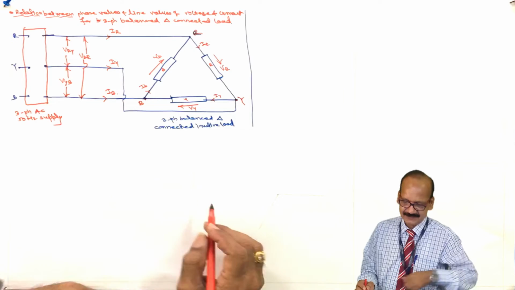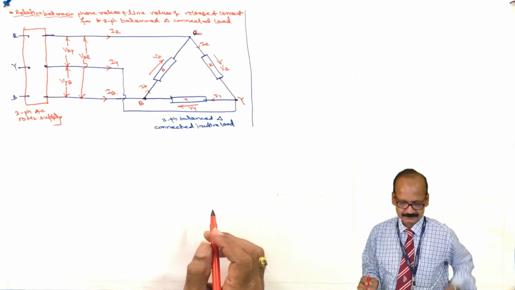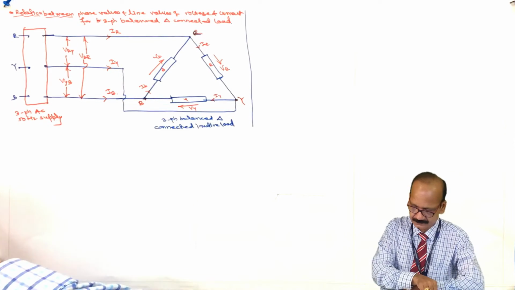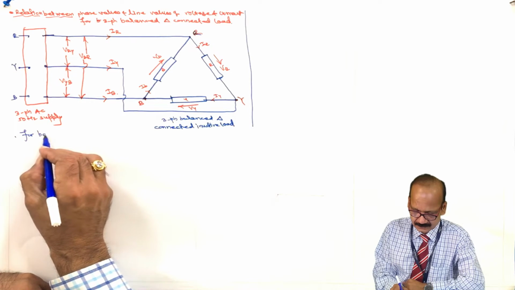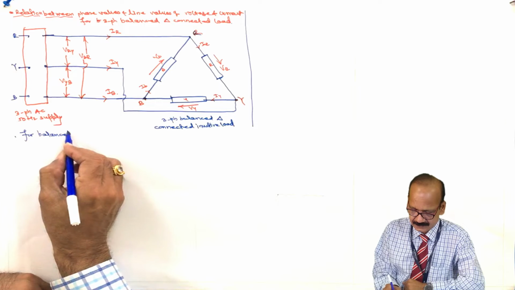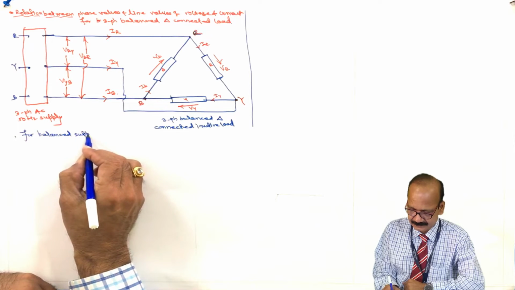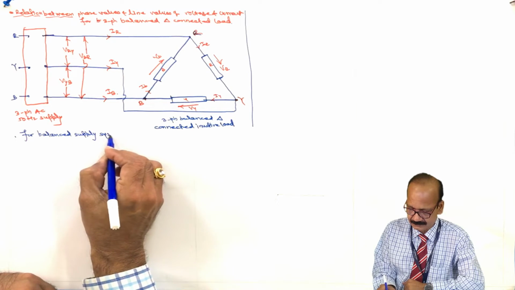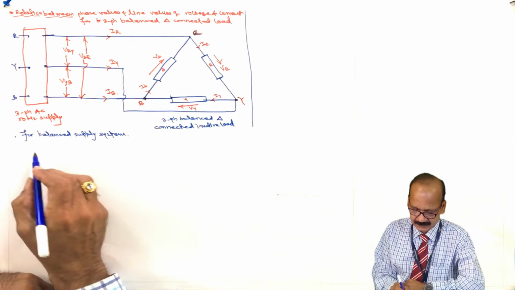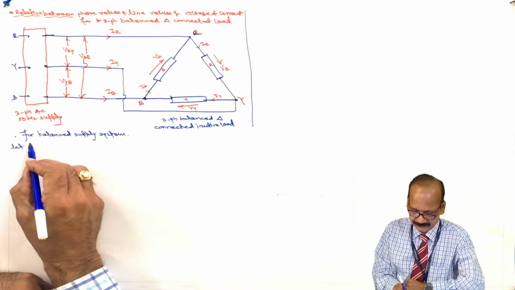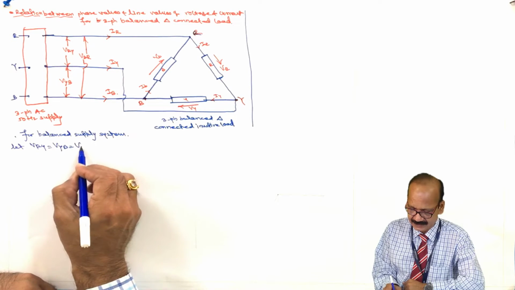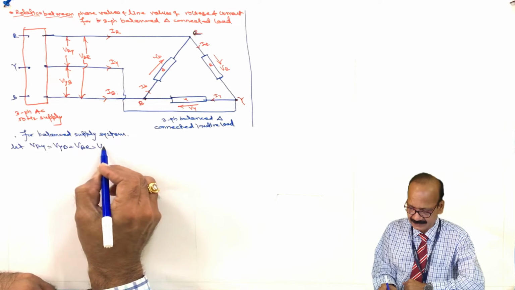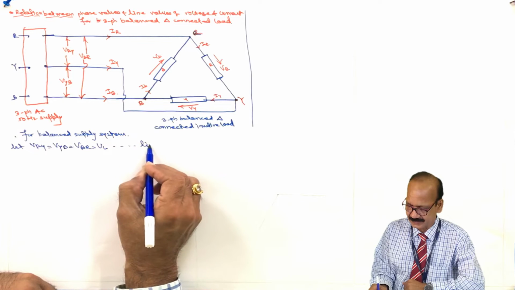For a balanced supply system, let V RY equal V YB equal V BR equal V L, the line voltage.